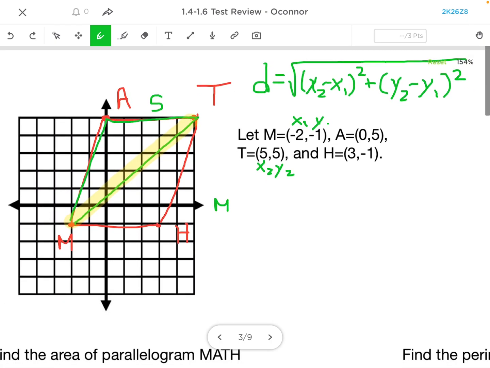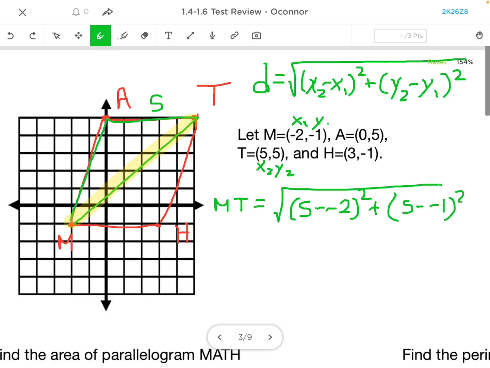So let's do that. The length of MT would be the square root of x2, which is 5, minus -2 quantity squared. So that's my x2 minus x1 squared, plus 5 minus -1 quantity squared.